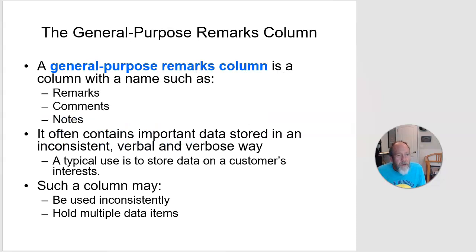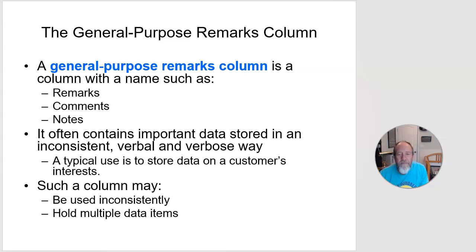The general purpose remarks column. I think I'm going to end on this one since I'm getting kind of lengthy. With full text indexing, the terrible thing about the general purpose remarks column, and they're usually varchar maxes, is you don't consistently know what's going to be in that column.